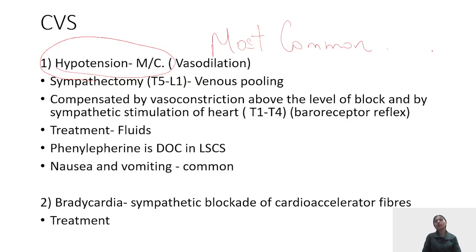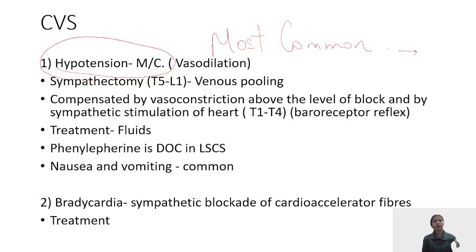I've already told you we have a sympathetic block, and every blood vessel has a vasomotor supply along with it, and that sympathetic supply gets blocked, because of which you have vasodilation. And when the vasodilation occurs, we have venous pooling of the blood, and thus the venous return to the heart decreases, and eventually you have hypotension. One reason. Second, the systemic vascular resistance is decreased. This is another reason for hypotension.